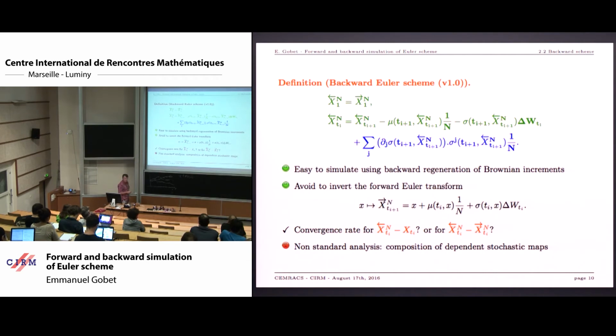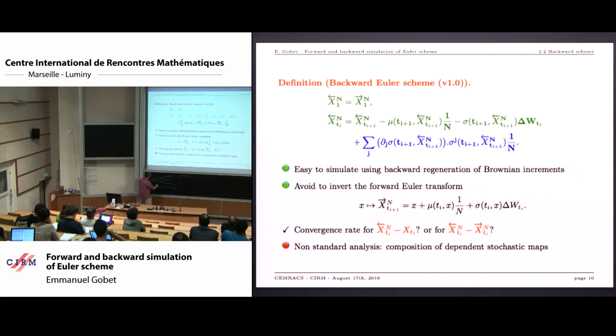Okay, so you could complain, and we could discuss that instead of, it's a bit complicated, that is, instead of simulating this backward Euler scheme, we could simply regenerate the Brownian increments and just wonder: what is the initial value?